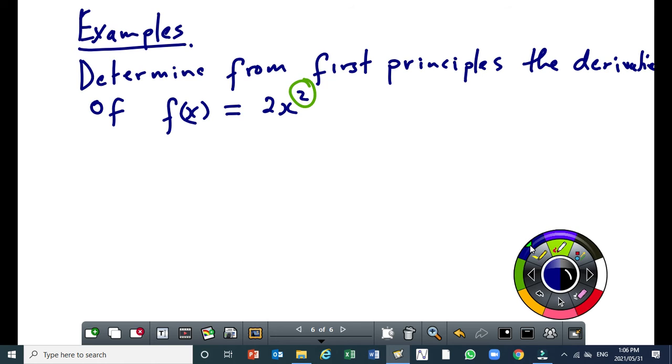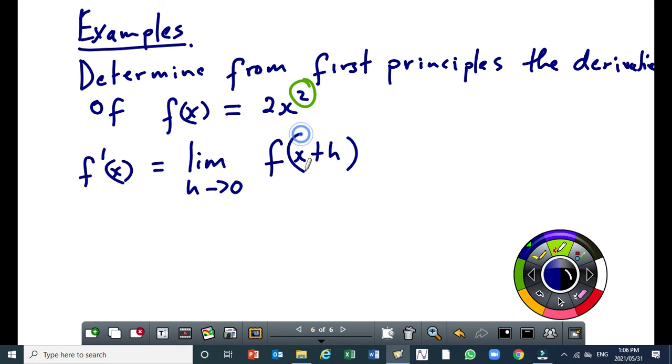The first thing that you do is to write the formula. f prime of x is equal to the limit as h tends to 0 of f of x plus h minus f of x all over h. Normally, the formula has got 1 mark in most cases, just for writing the formula correctly.